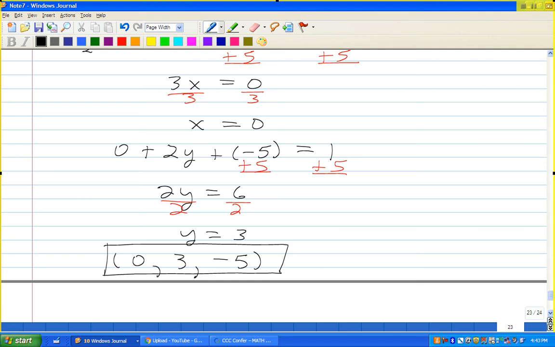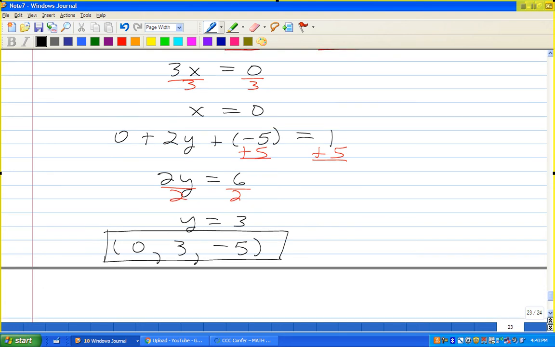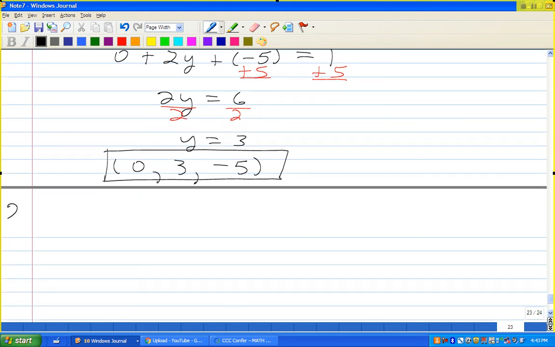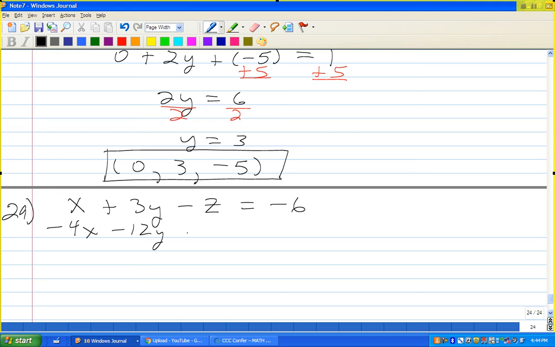Next, let me do problem number 29. x plus 3y minus z equals negative 6, negative 4x minus 12y plus 4z equals 24, negative 5x minus 15y plus 5z equals 30.